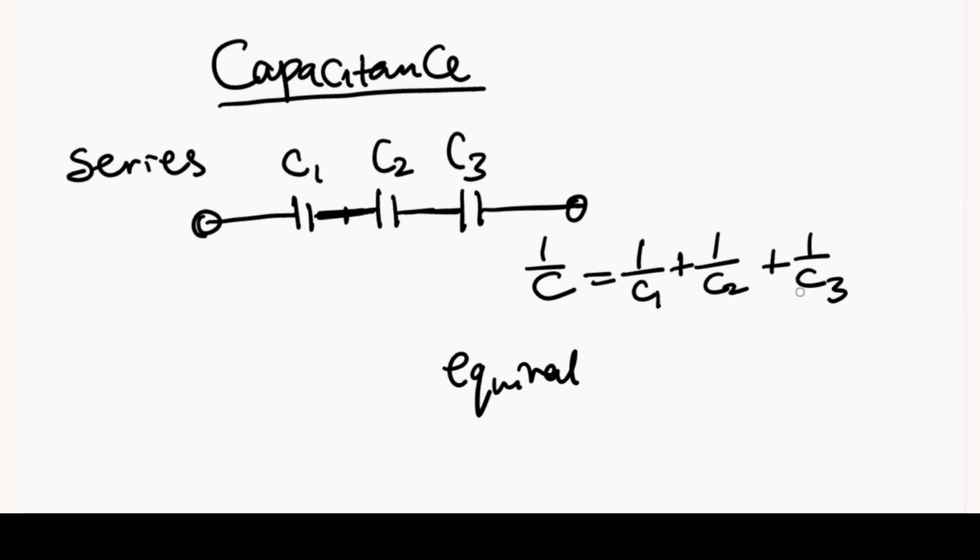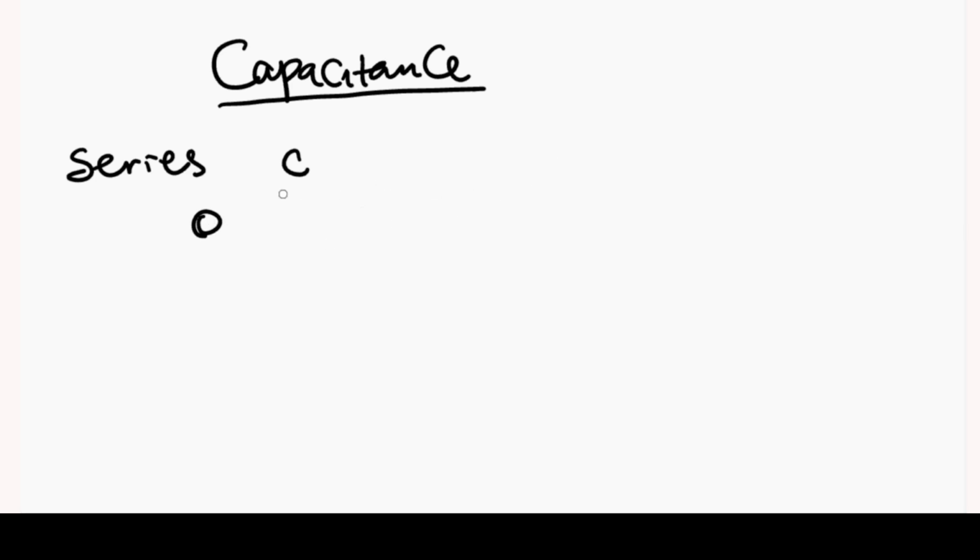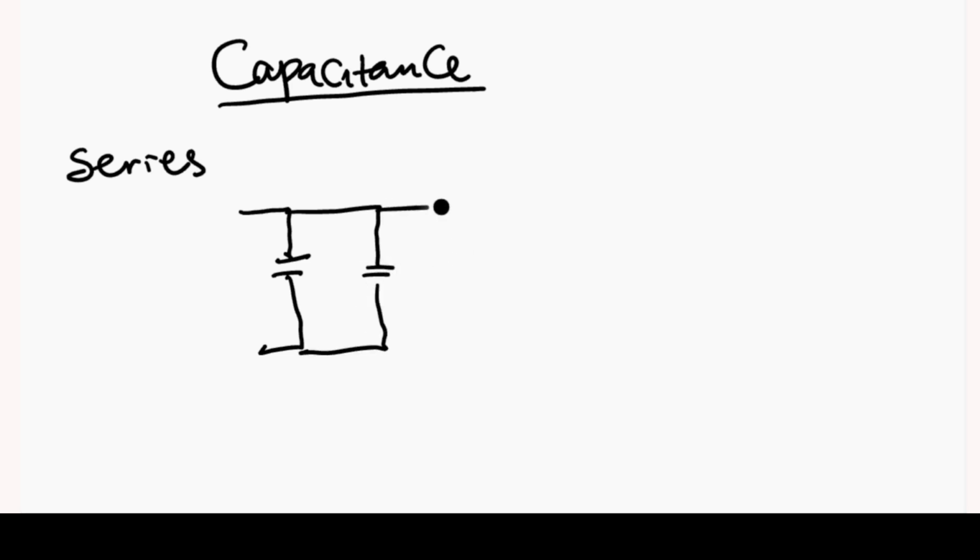What is a parallel connection? A parallel connection is a type of connection where the capacitors are arranged with branching wires. This is the textbook illustration of parallel.